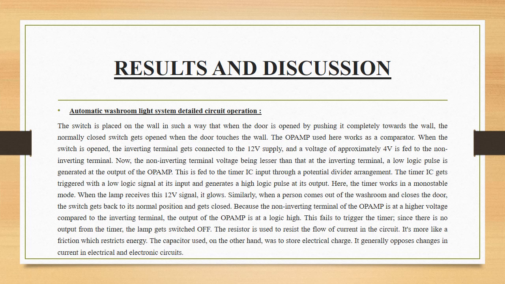This is fed to the timer IC input through a potential divider arrangement. The timer IC gets triggered with a low logic signal at its input and generates a high logic pulse at its output. Here, the timer works in monostable mode. When the lamp receives this 12V signal, it glows.